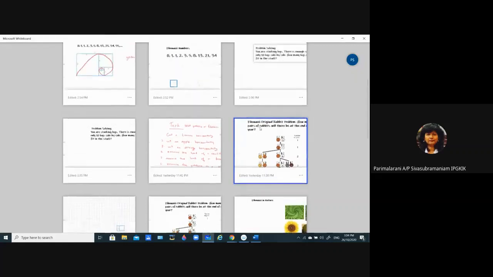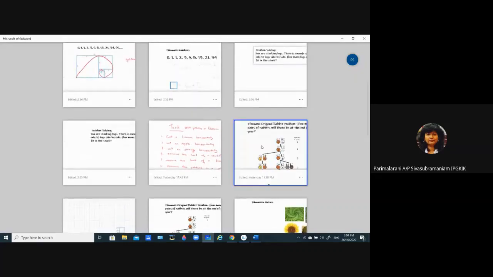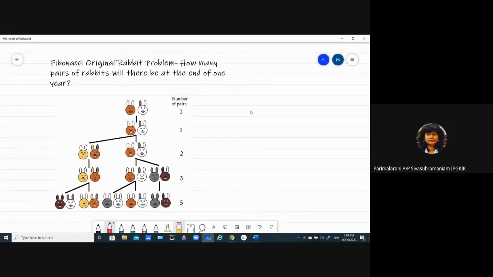So now let's look at this problem-solving question. Fibonacci's original problem was based on this rabbit problem. His puzzle was, how many pairs of rabbits will there be at the end of 1 year?